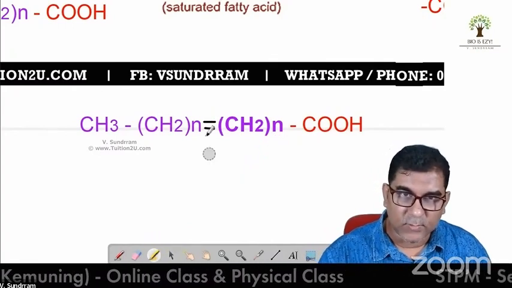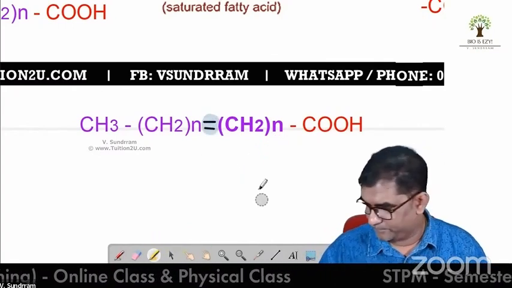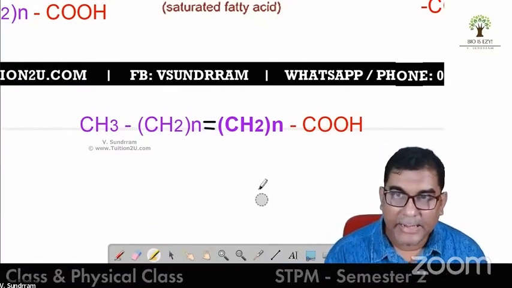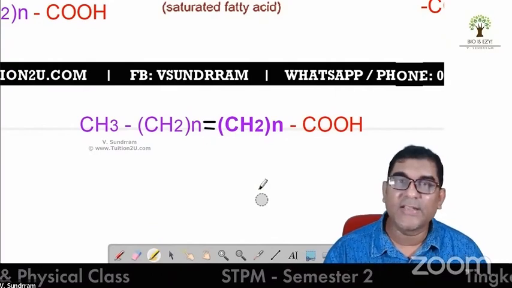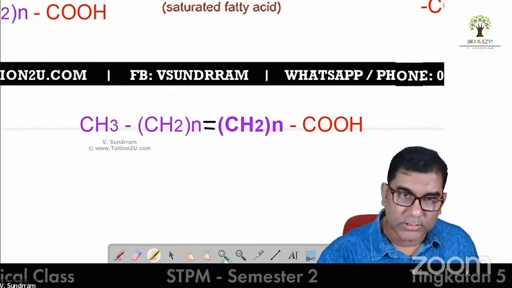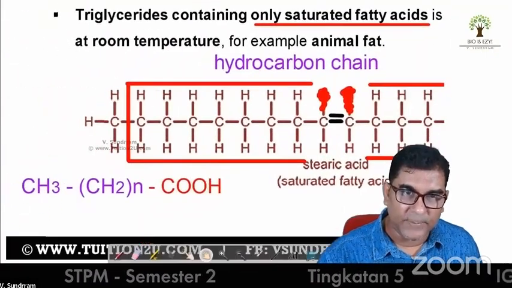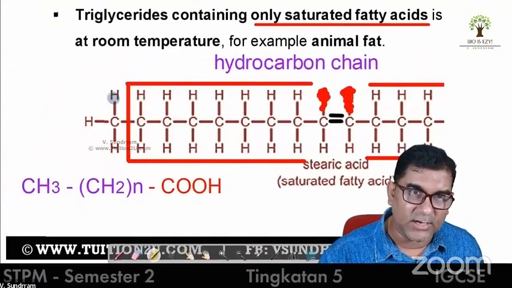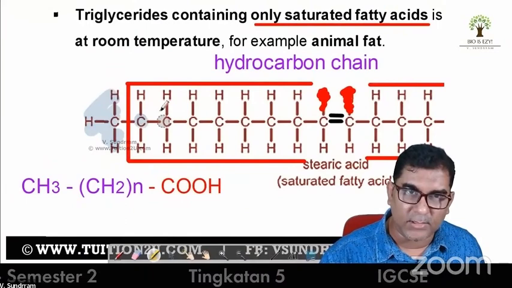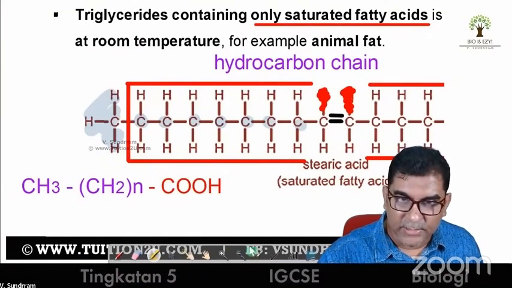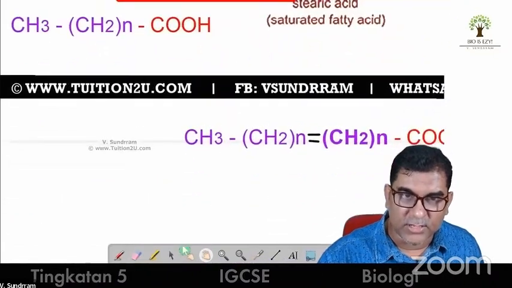These two lines, what does it represent? Double covalent bond. So if you look, we already have CH3. That means this is already a counter line. Ini sudah ada. CH3 sudah ada. So 1, 2, 3, 4, 5, 6, 7. So that means I need to change this to number 7.